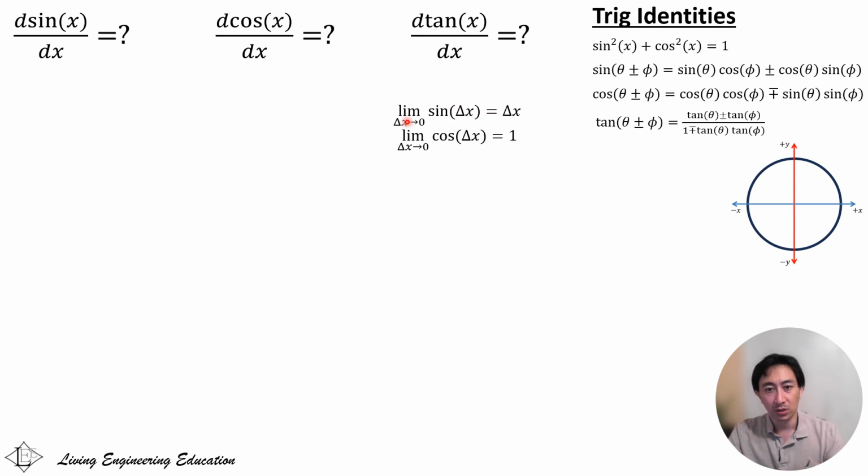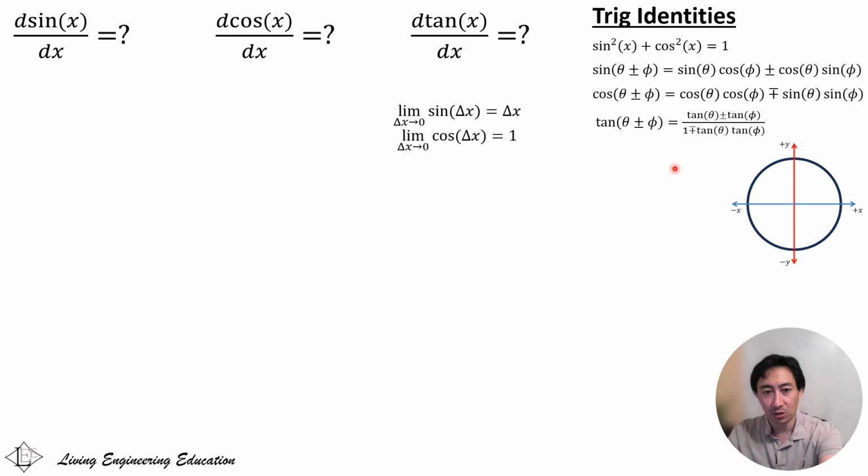So when we say the limit as delta x approaches 0 for the function sine delta x, we say that that is equal to delta x. You might see this in terms of theta on other problems, right? The limit as theta approaches 0 of sine of theta is equal to theta. So that's going to be important, and that's going to show up in some of these derivations.